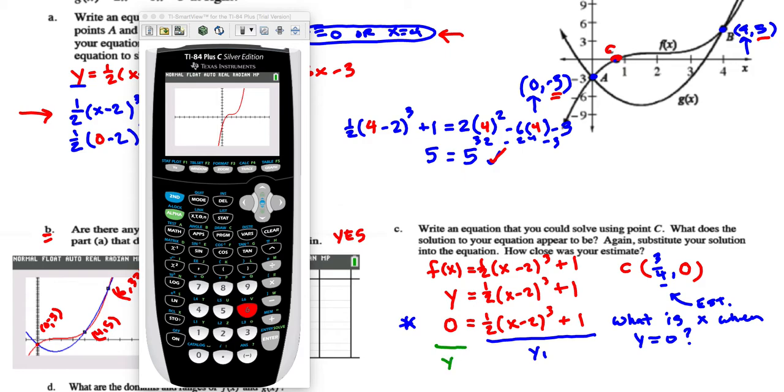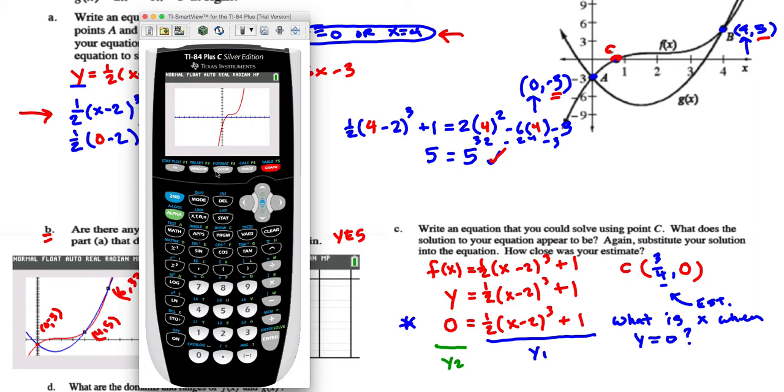Let's call this our y2. So when we put in our calculator here, I'm going to go down to y2, and I'm going to type in this half of my equation as its own function. I'm going to put in 0 there. So we got one side of our equation, we got the other side. Let's take it and let's graph that now. That's going to show us where y equals 0.